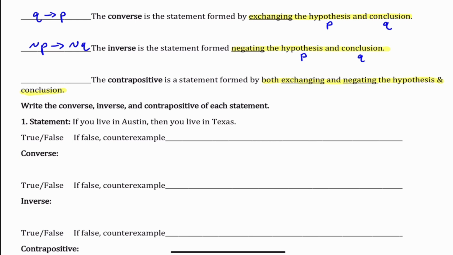So we know that the hypothesis is P and the conclusion is Q. I'm going to exchange the P and the Q, then negate those two values. So it should look like this. If not Q, then not P.